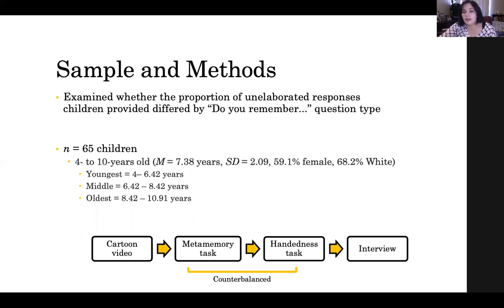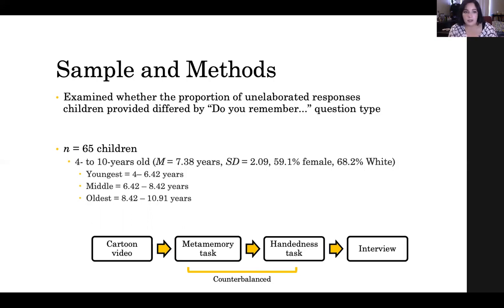So in the present study, we examined differences in the proportion of unelaborated yes or no responses children gave to 5 different types of do you remember questions, which I'll talk about in a few slides. Participants in the present study were 65 children ages 4 to 10 years old, recruited from child care centers and a science museum in a mid-sized Midwestern city.